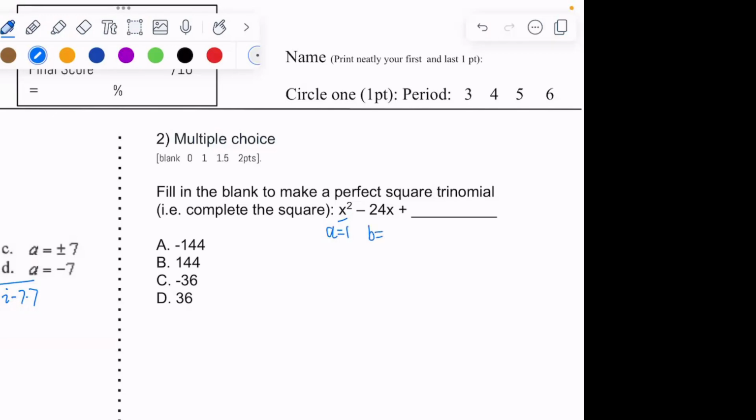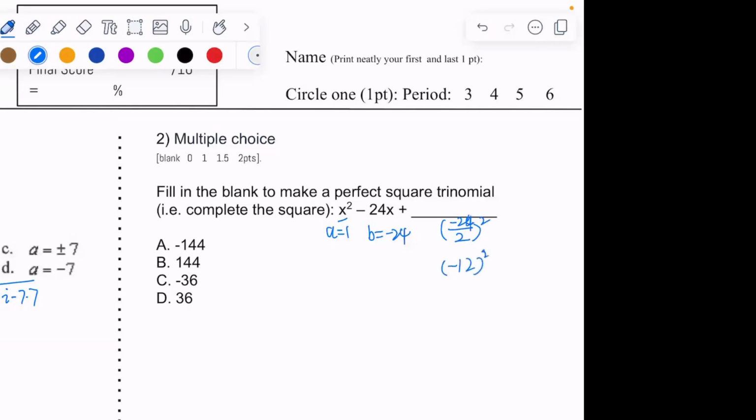Okay, b is minus 24, and to complete the square, you just need to take half of the b value and square it. So we use minus 24 divided by 2, so it's minus 24 over 2 squared, which is actually minus 12 squared.